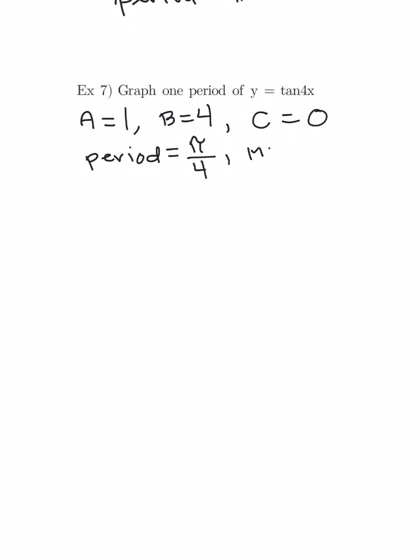Our increments, we do the same thing we were doing before. We take pi over 4, and since this is a fraction already, instead of dividing by 4, I'm going to multiply by 1/4 and get pi over 16. Because c equals 0, there is no phase shift.